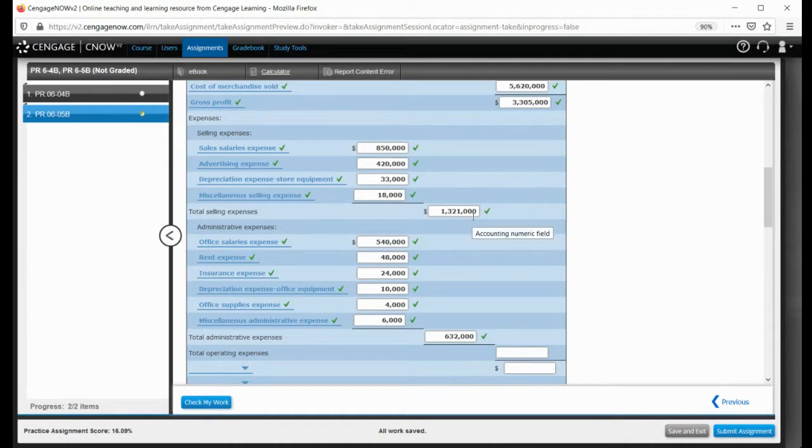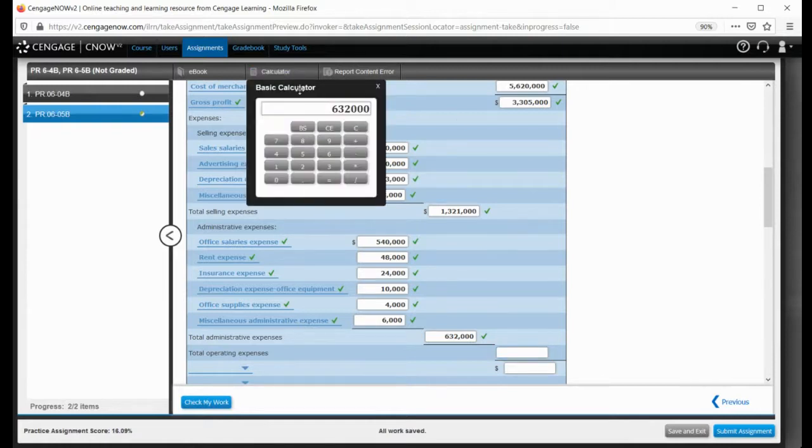Once you have your total selling expenses and your total administrative expenses, you're going to combine the totals together to get the total of the operating expenses. The total selling expenses, $1,321,000, is going to be added to the administrative expenses.